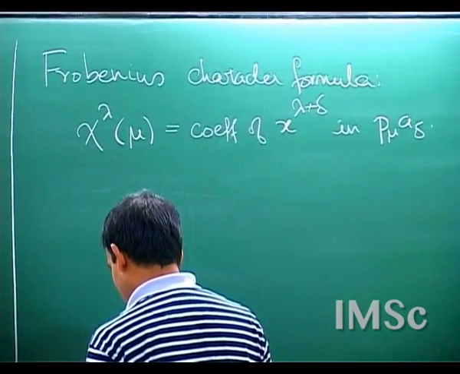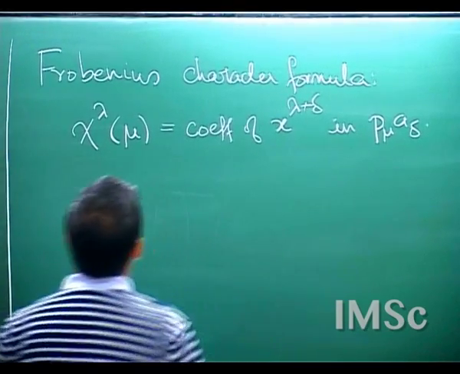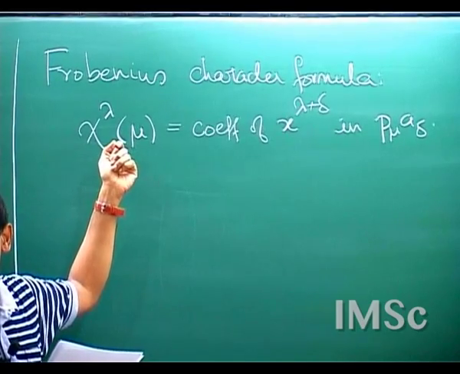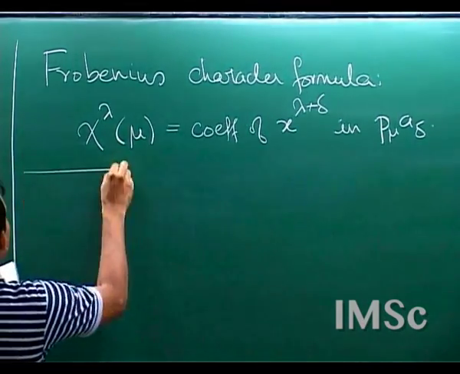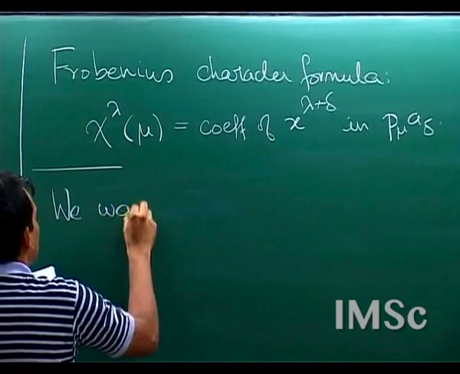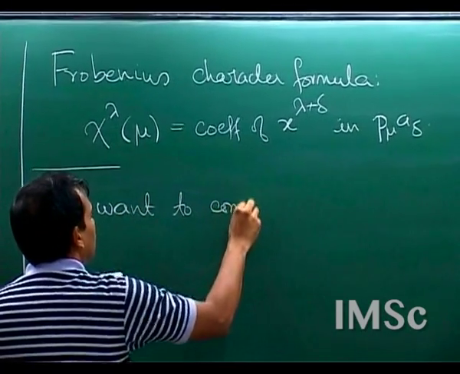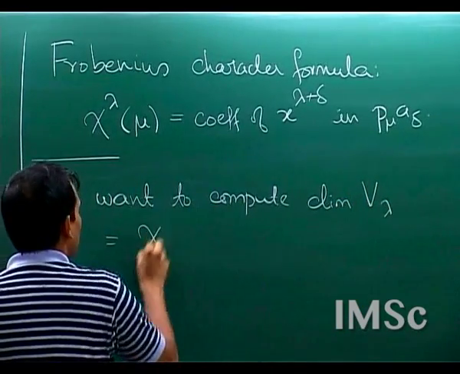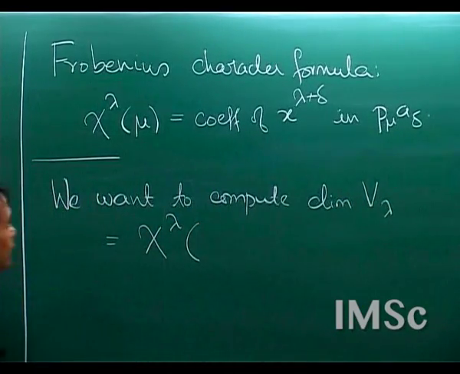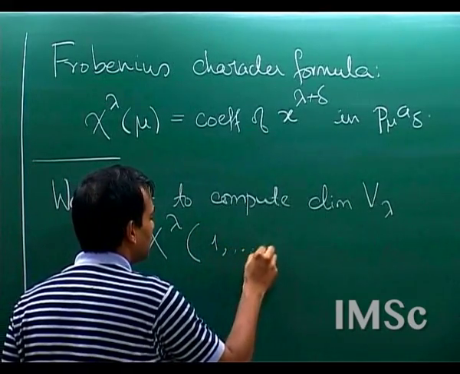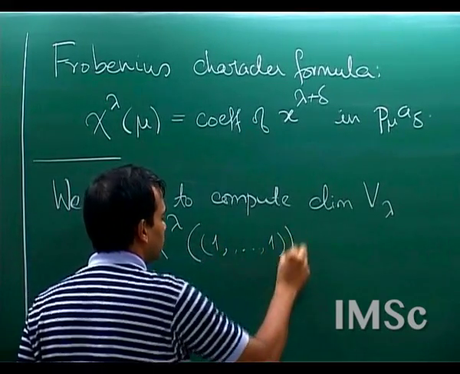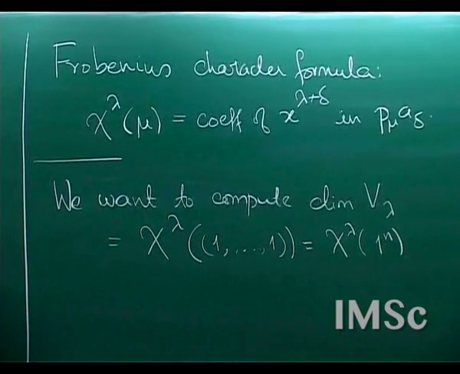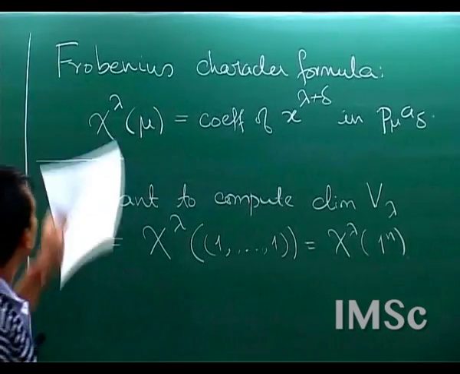Okay, now let's come to the computation. We want to just compute the value of this character at the identity element of the symmetric group. So we want to compute the dimension of V lambda, which is equal to chi lambda at the cycle decomposition of the identity. It's just 1 to the n, n ones.